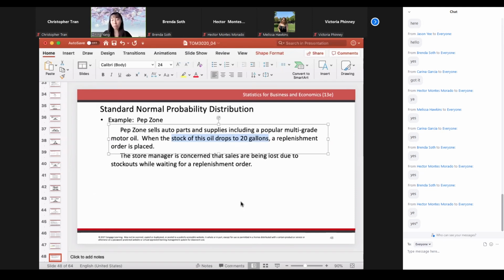After they place the order, they have to wait until the oil is shipped to the store. Usually say it takes 3 days to get here. But during the 3 days, they only have a stock of 20 gallons. In this situation, the store manager is concerned that sales are being lost due to stock out while waiting for the order to arrive at his shop.